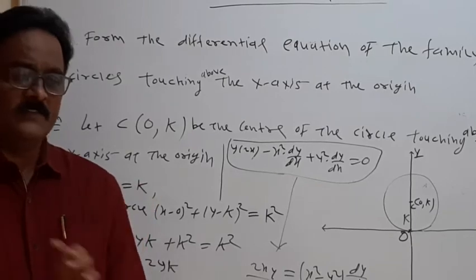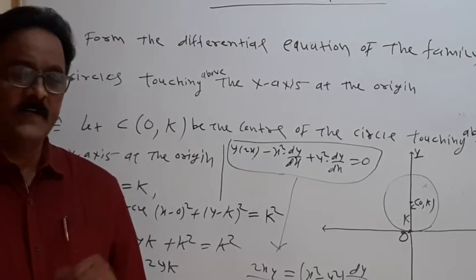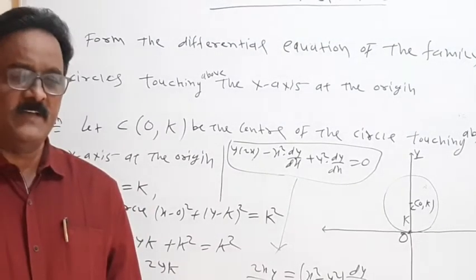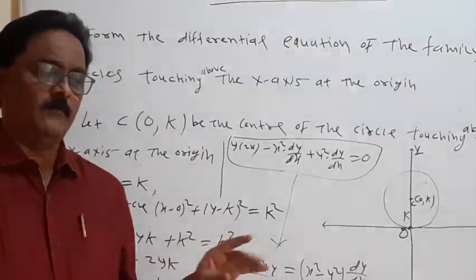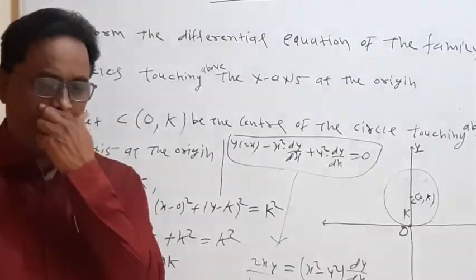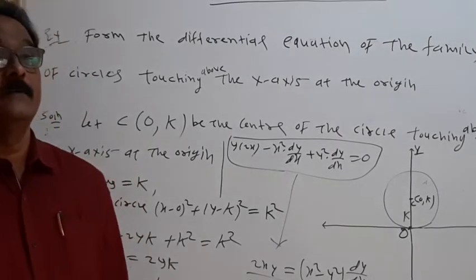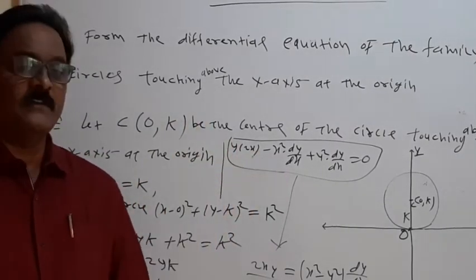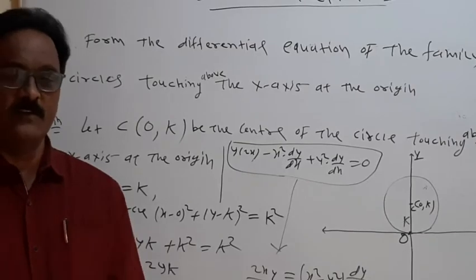We have to solve this differential equation by different methods. First is the variable separable form. We have to see this method, variable separable form, and solve this differential equation and find out the general solution.